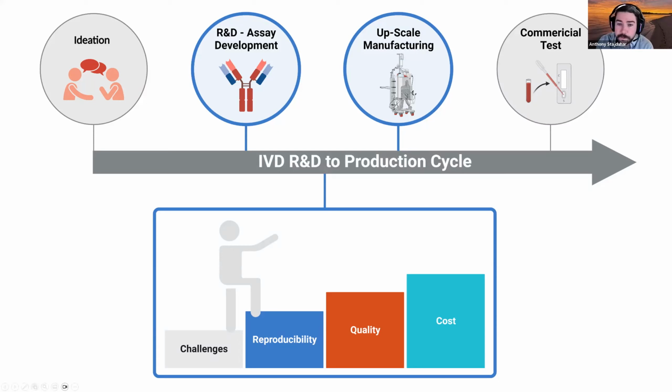With this kind of framework in mind, we have found that we have been able to address a number of issues, in particular, issues with respect to reproducibility and quality. A common case that we'll encounter is the loss of access to a hybridoma antibody, for example.